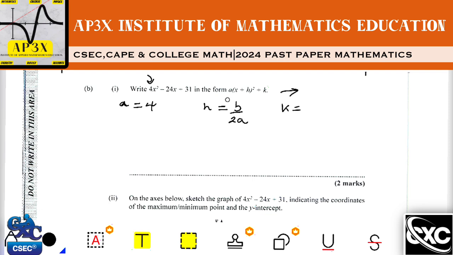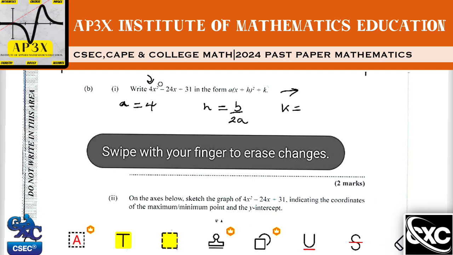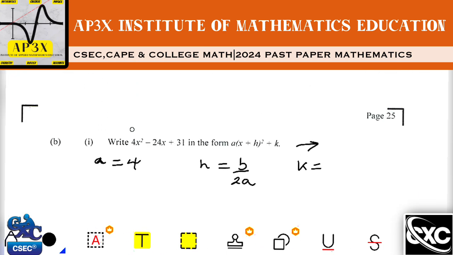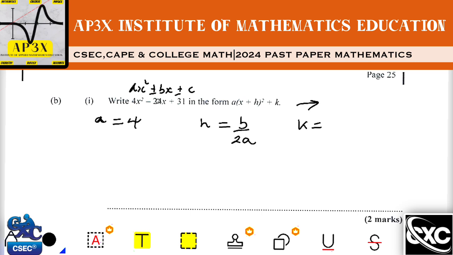That's the formula. So b is going to be the number in the middle here, because if we know a quadratic equation, you'll remember that it is in the form ax squared plus or minus bx plus or minus c. So already we know that b is -24.